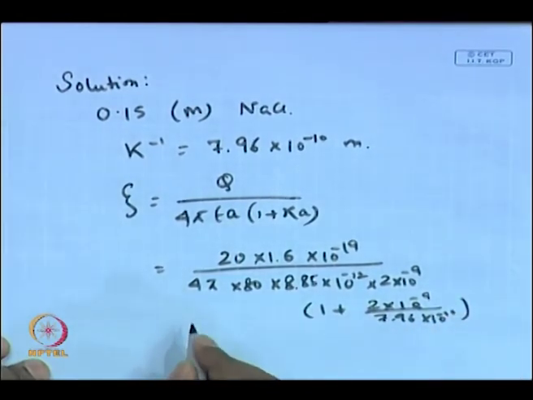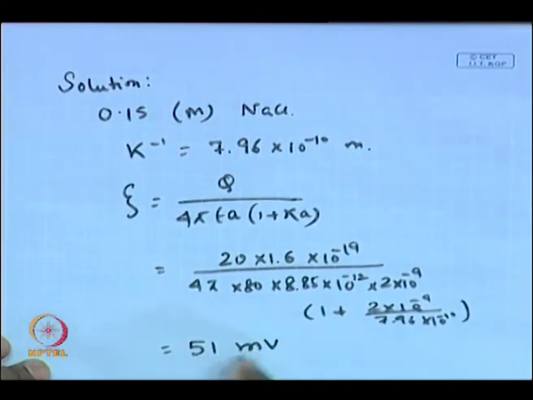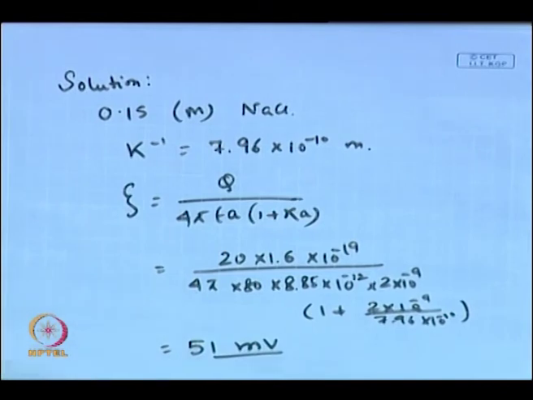So, this turns out to be 51 millivolt. So, the surface potential or the zeta potential of the protein is 51 millivolt.